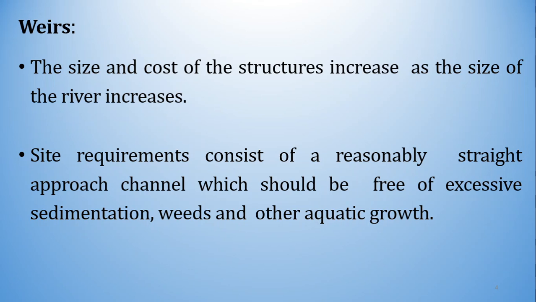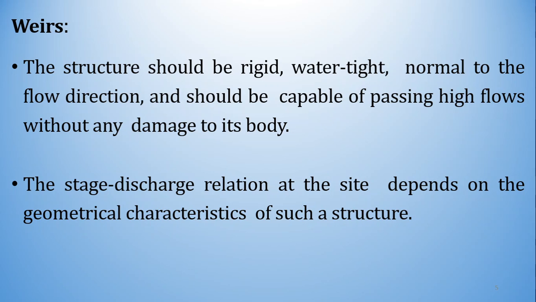Site requirements consist of a reasonably straight approach channel which should be free from excessive sedimentation, weeds and other aquatic growth. The structure should be rigid, watertight, normal to the flow direction and should be capable of passing high flows without any damage to its body.